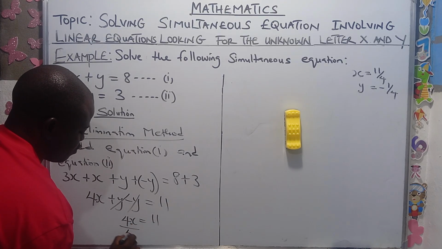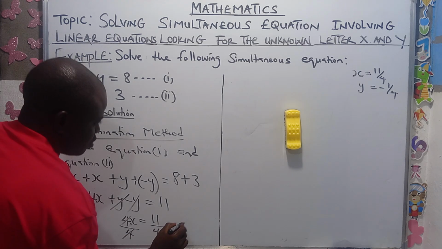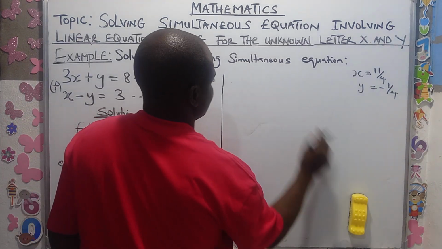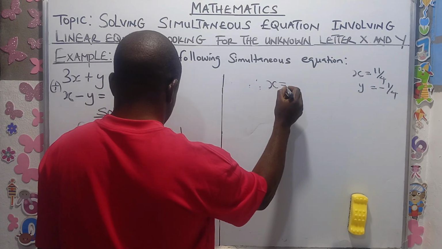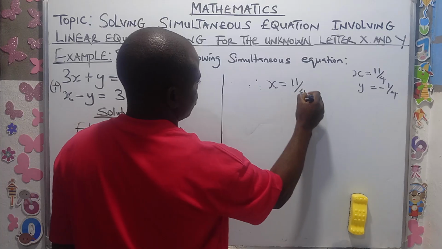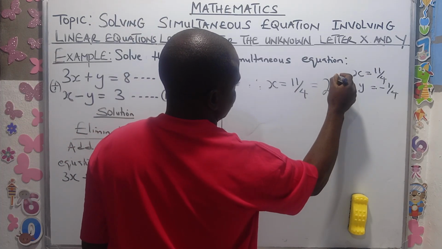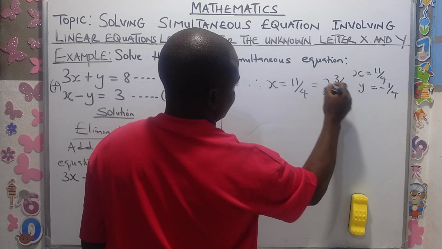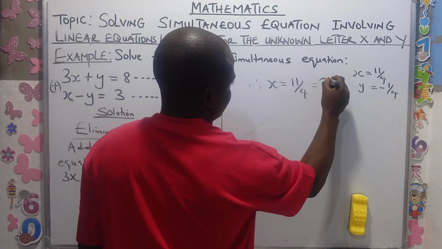Divide both sides by 4; 4 cancels 4. Therefore, x equals 11 over 4, which equals 2 whole number 3 over 4. That's the value of x.